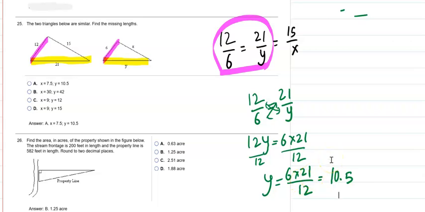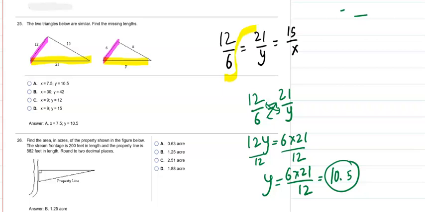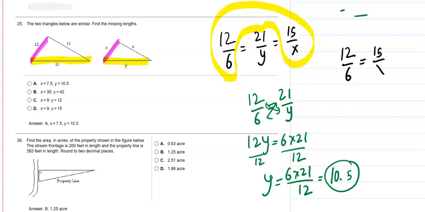Now to get the x, what you have to do is another ratio. So let me make another equation to find the x. So to find the x, I have to use 12 divided by 6 equals 15 divided by x.